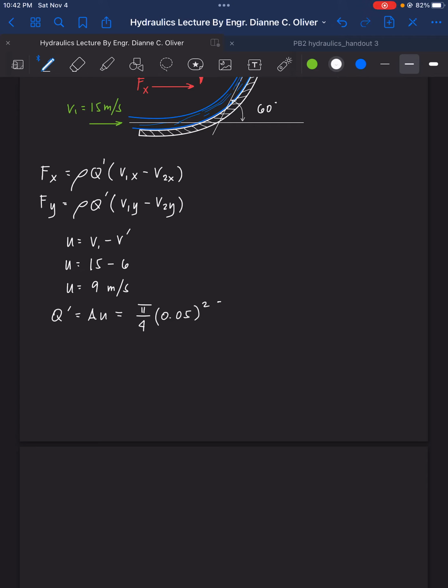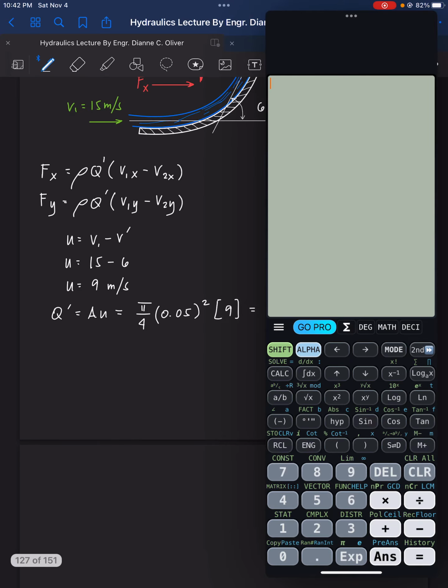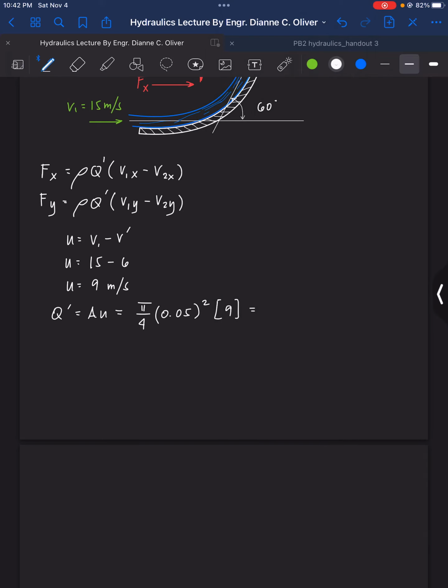And then the U here is 9 meters per second. So what's the value for Q? Pi over 4 times 0.05 squared times 9. So 0.018 cubic meter per second.